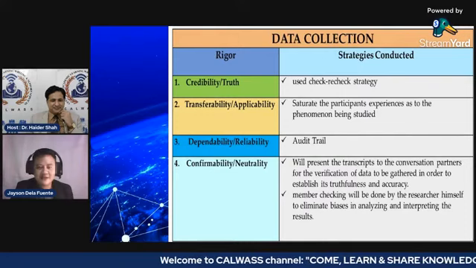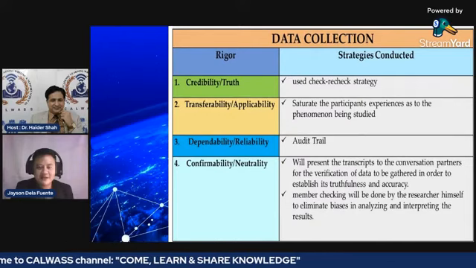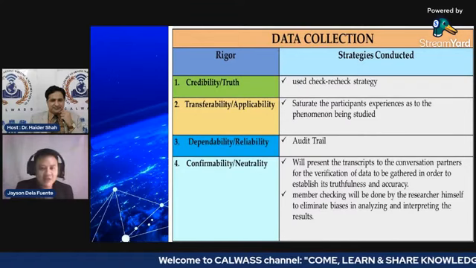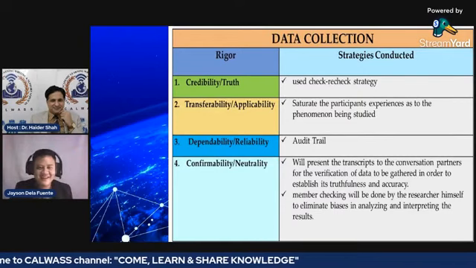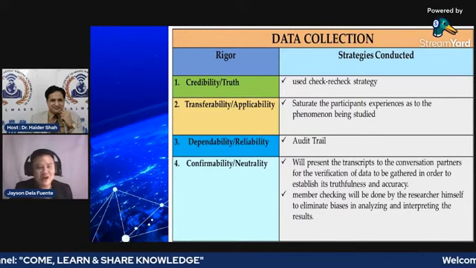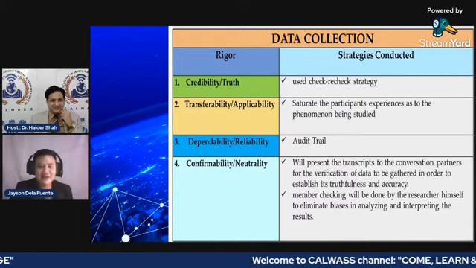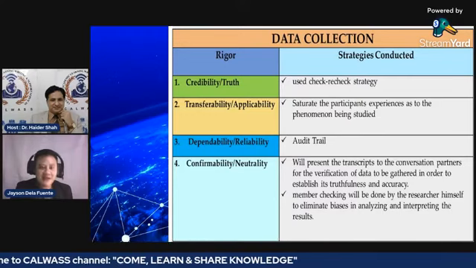You share it with your colleague or friend who is also a qualitative researcher, and what you did is also what they will do. That is an audit trail. They will audit everything that you did in your paper, and if they can generate the same result, it means your findings are reliable.